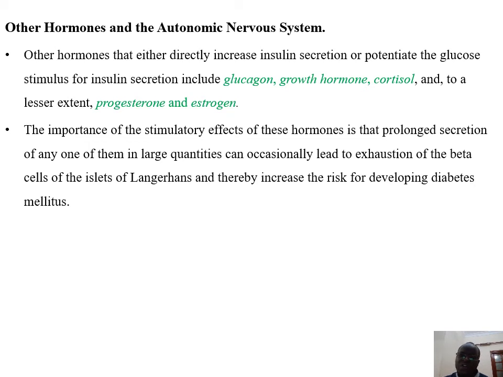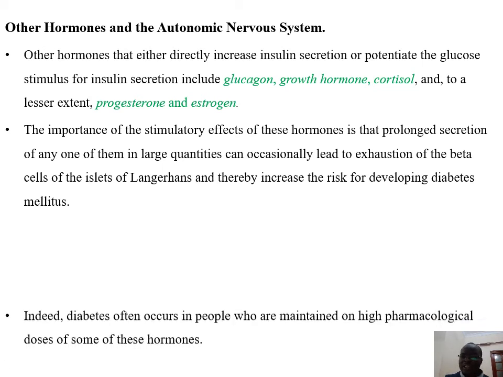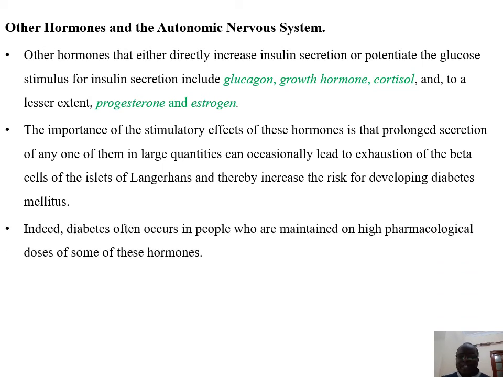They are overstimulating the beta cells, and the beta cells can undergo degeneration, which can result in the development of diabetes mellitus. Indeed, diabetes often occurs in people who are maintained on higher pharmacological doses of some of these hormones.